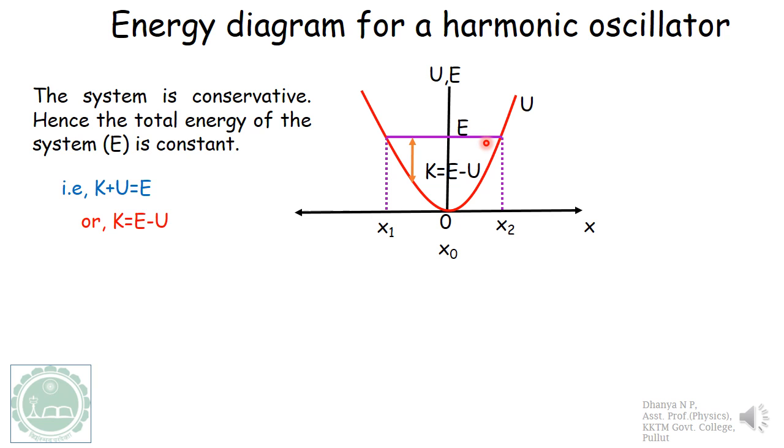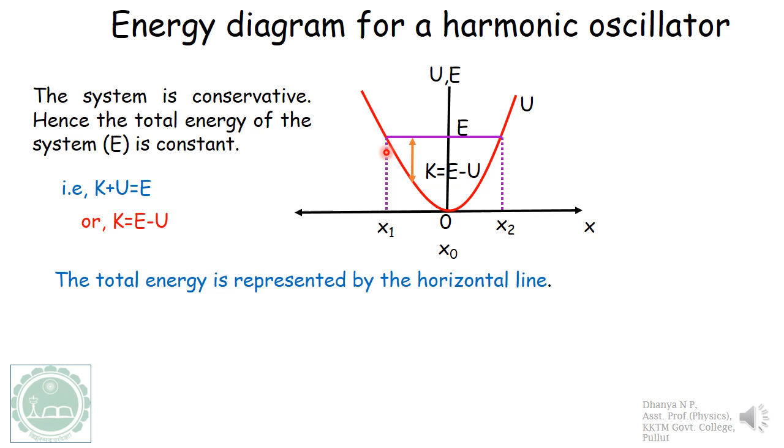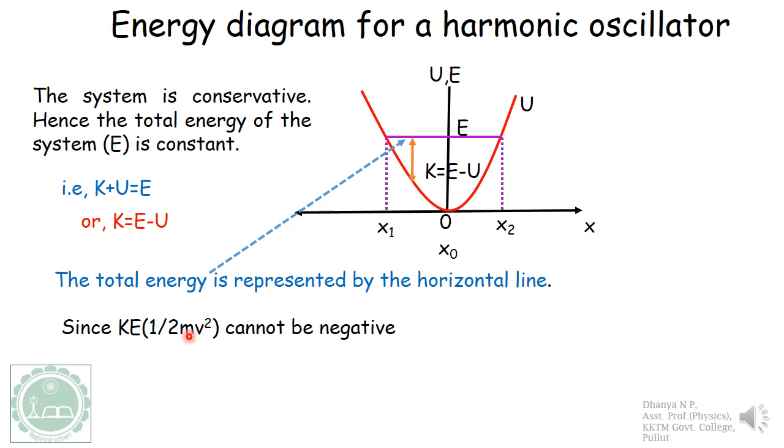And since the kinetic energy, that is half mv square, cannot be negative, the above equation says that E minus U is positive definitely.